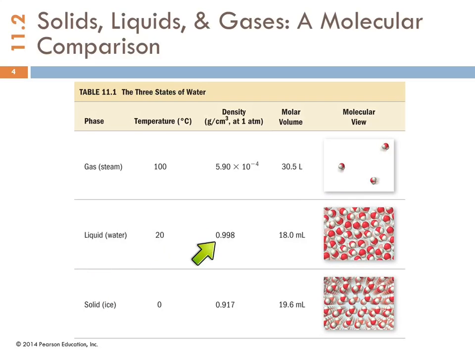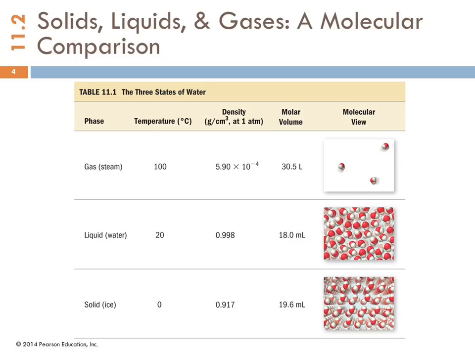Liquid water, the particles are touchingly close. And so they're swimming around, they're moving about, they have more thermal energy than ice. We look at the temperature of water, 20 degrees versus 0 degrees Celsius. Higher temperature means higher thermal energy.